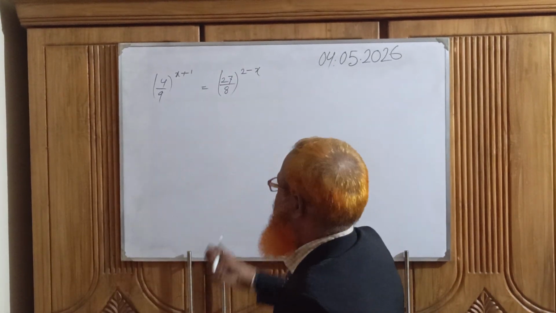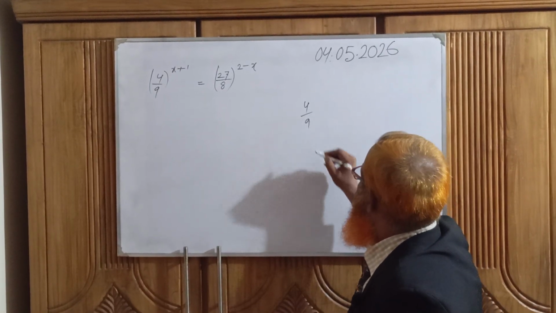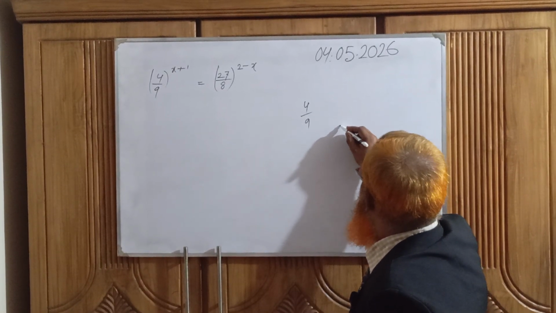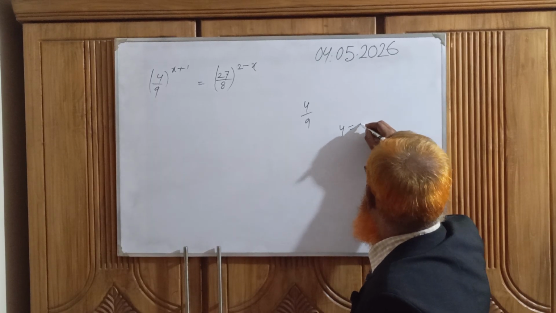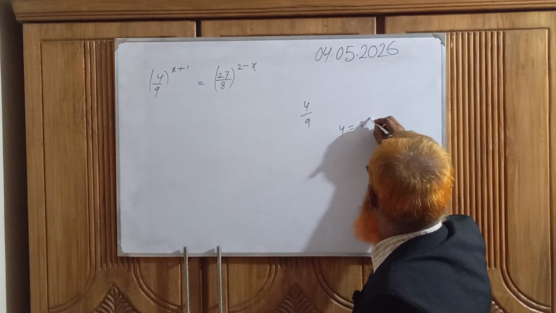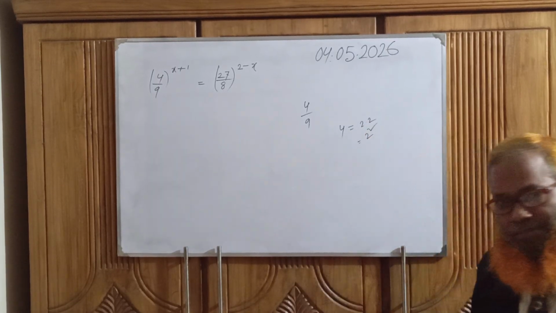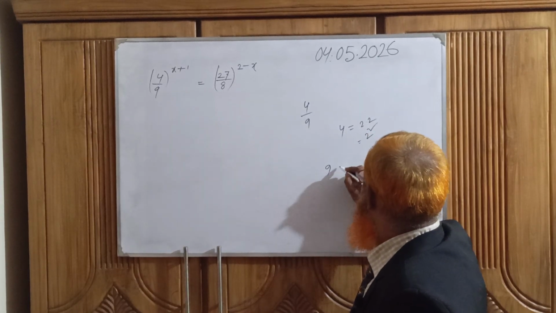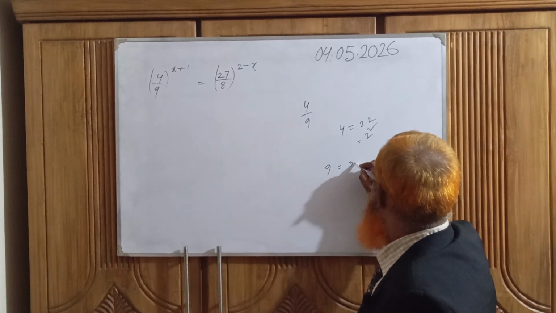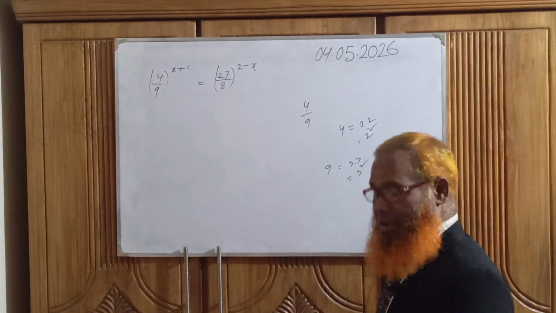Here, 4 and 9. We found from 4, equal to 2 times 2, equal to 2 square, and from 9, equal to 3 times 3, equal to 3 square.